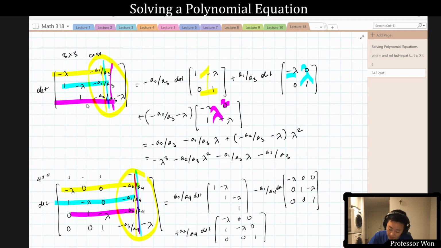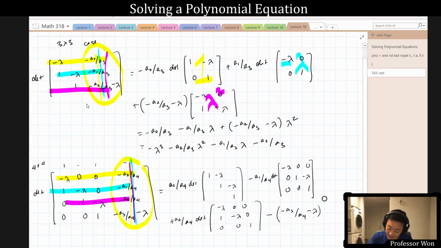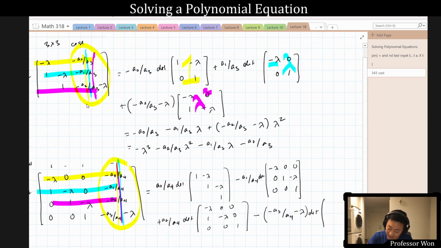Finally, we're left with minus negative a3 over a4 minus lambda times the determinant of a certain matrix. Sorry, this is going to be over here. So let's strike this column and this row, and you get negative lambdas along the diagonal with 1s underneath.